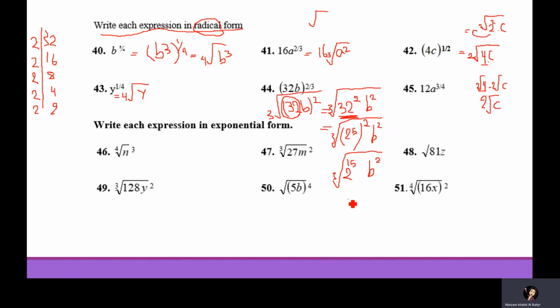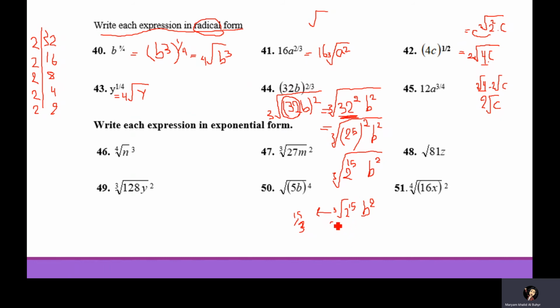So let's do that. So what is 2 to the power 15, b 2? You know that this fraction will give me power 1/3, right? But I have 15. So 15 over 3, which is equals to 5.